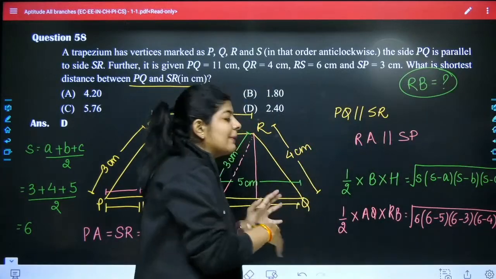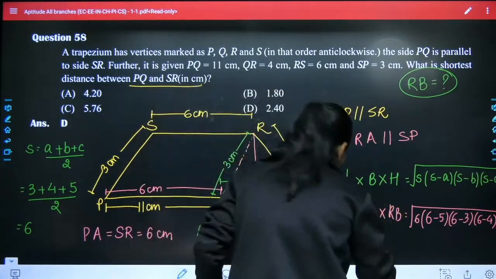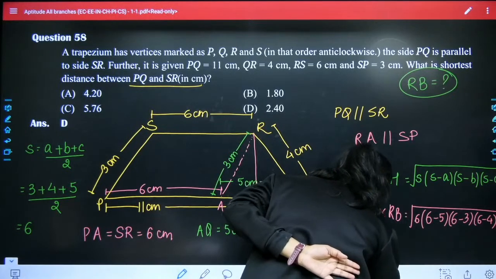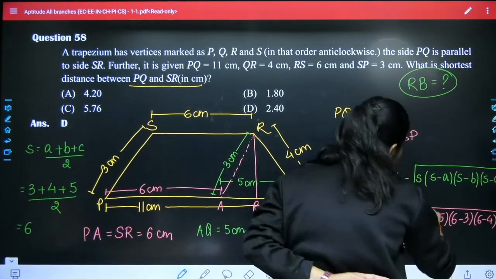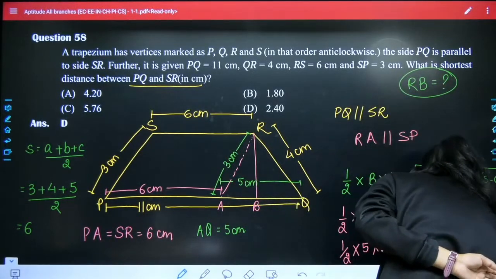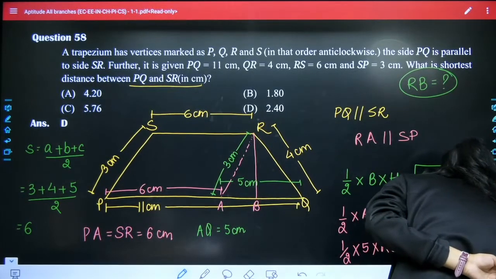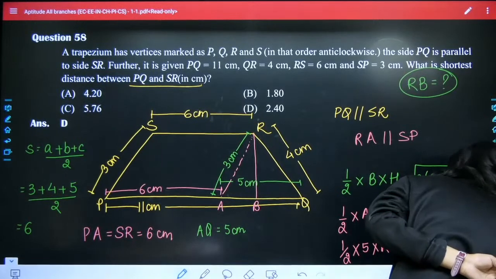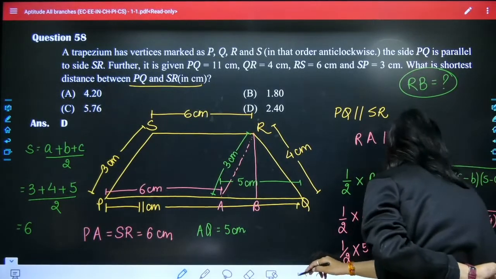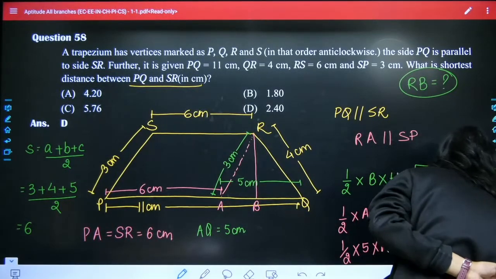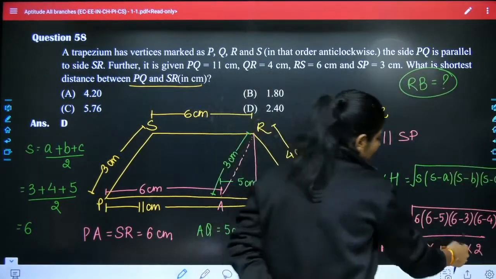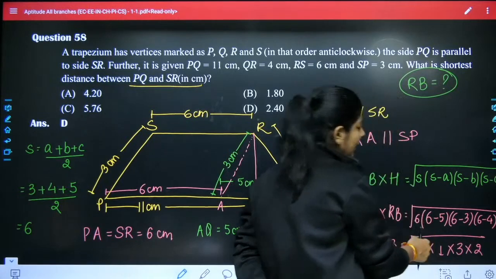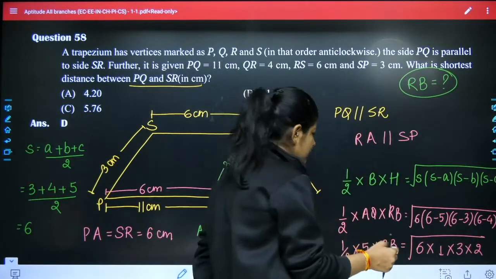Now we simply put the values and calculate the value of RB. Half into 5 into RB equals 6 into 1 into 2 into 3, so 6 into 6 is 36, and the square root of 36 is equal to 6.